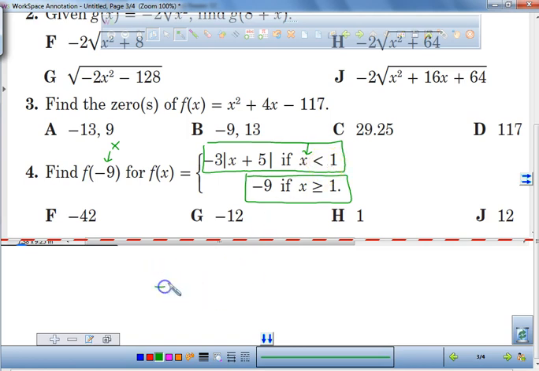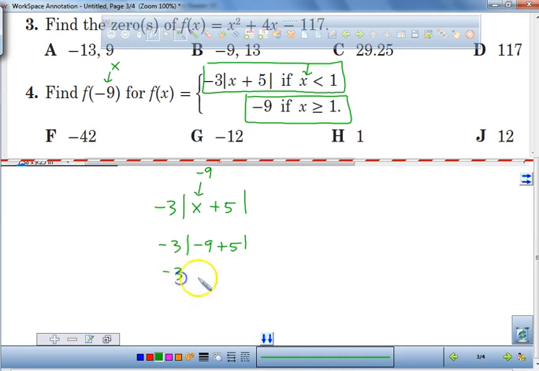So I want you guys to do this. Negative 3 times the absolute value of x plus 5. What number are we going to plug in for x? We're going to plug in a negative 9. We get negative 3 times the absolute value of negative 9 plus 5. Make sure you don't try to distribute the negative 3 inside of the absolute value.